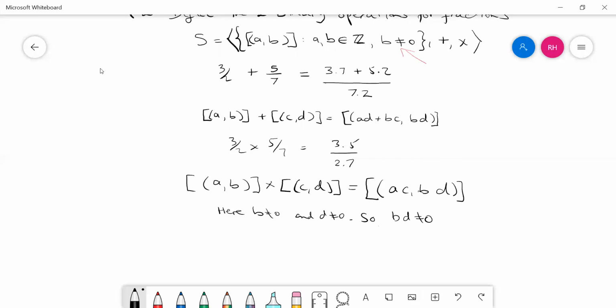Now here there's a subtle point. I'm not going to write it up, but when we say that BD is not equal to 0, this is where we get to no zero divisors, which we saw are a very important part of integral domains and also fields. So the fact that we don't have any zero divisors means that this all works really well.